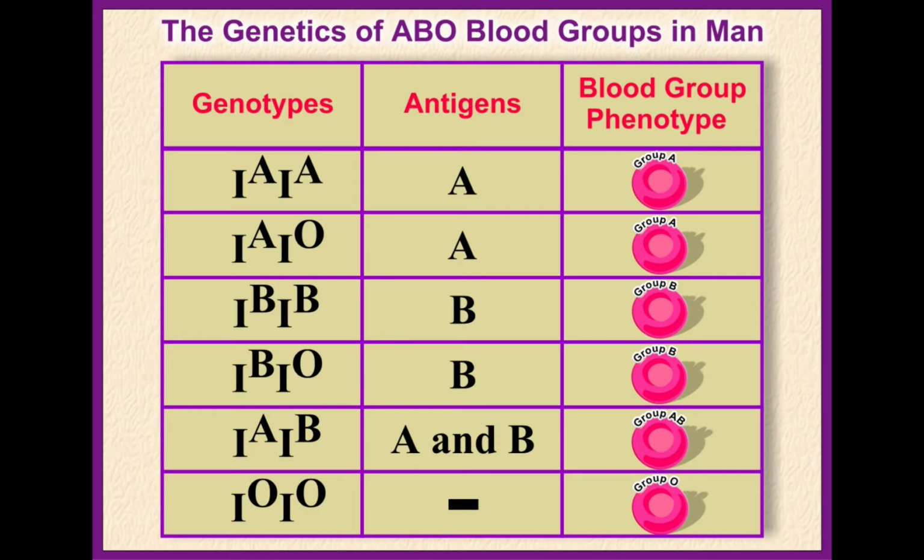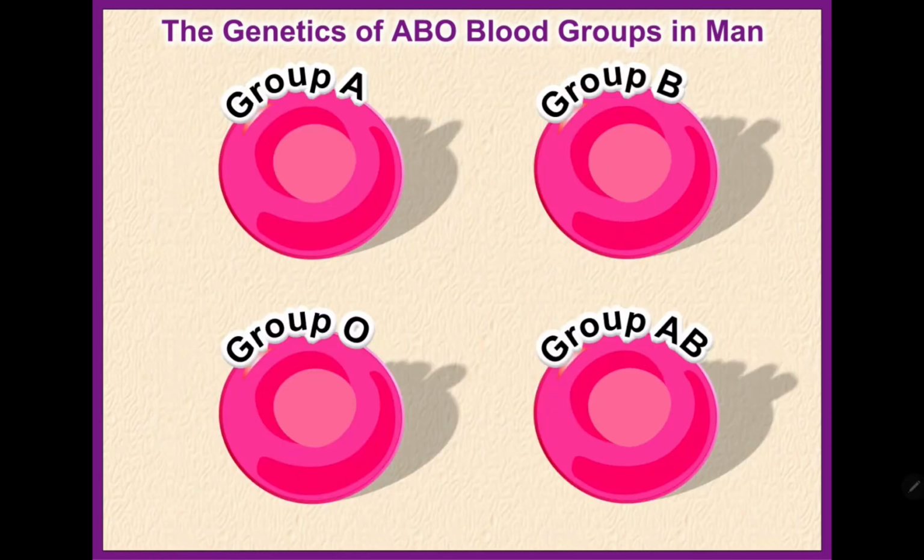And if they have both recessive O alleles, they will be blood group O. This results in 4 different blood groups in humans: A, B, AB, and O.